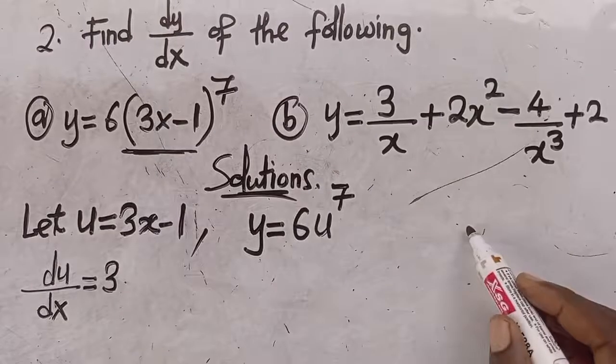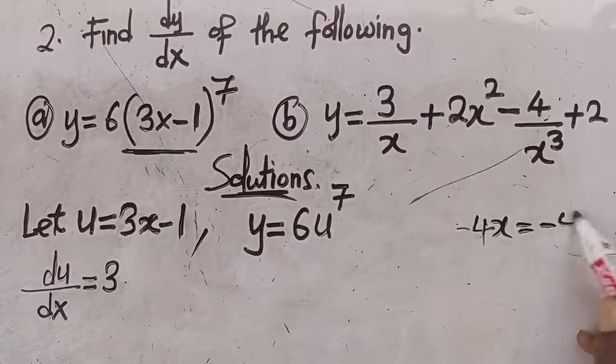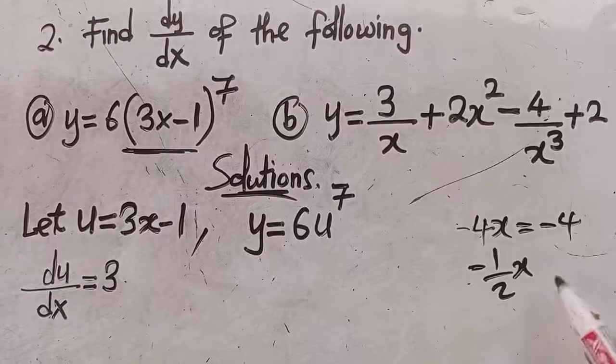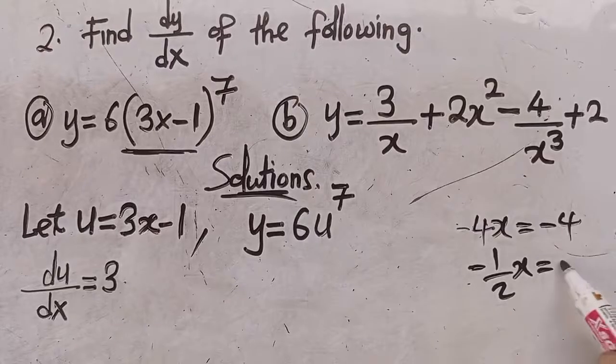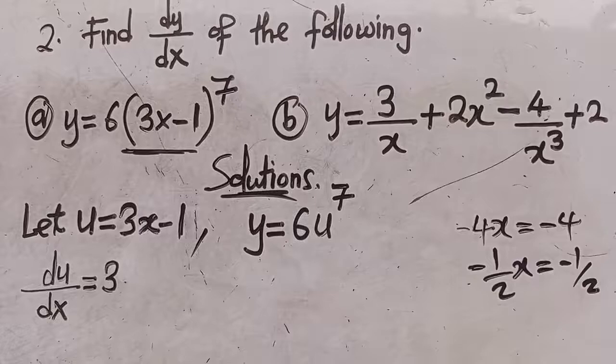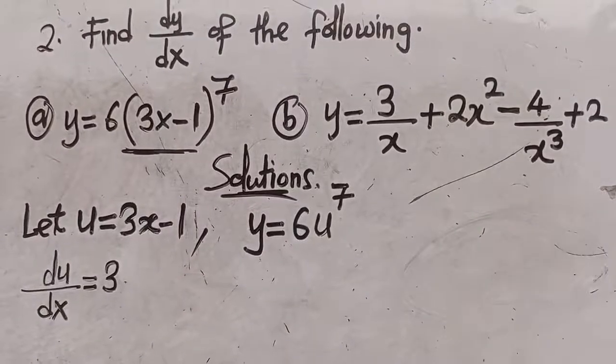I told you that if you are asked to differentiate -4x, the answer is just -4. If you are asked to differentiate -1/2 x, the answer is just -1/2. We just get the coefficient if there is no power there. These things are so simple, I guess you are able to remember.